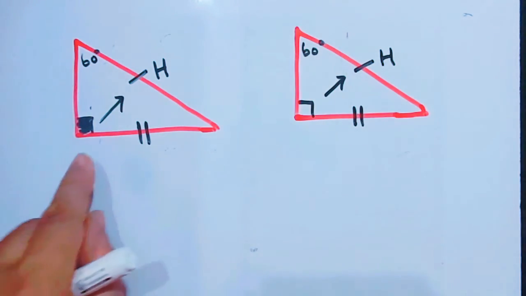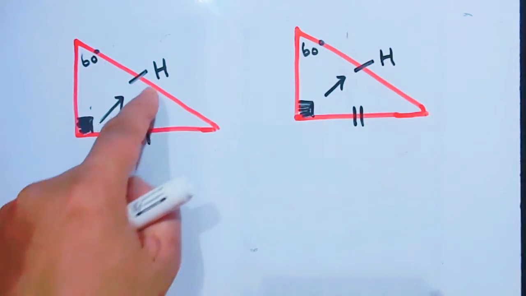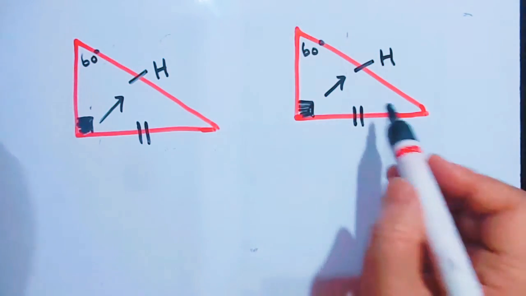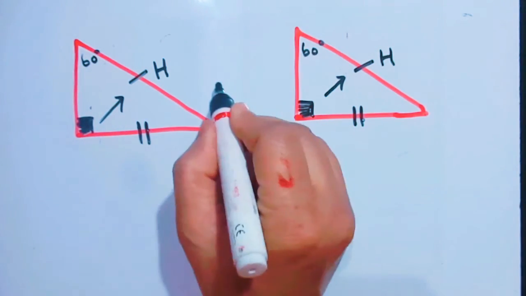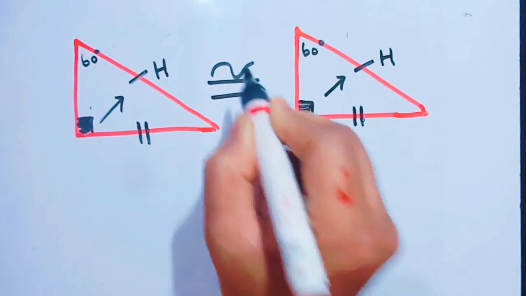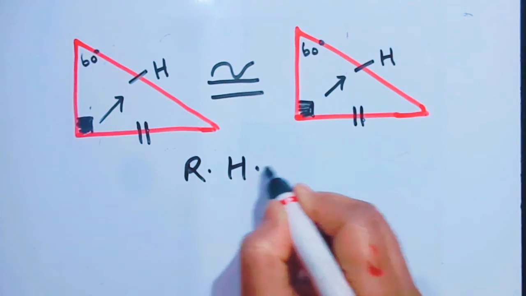Means the right angle is given and the side opposite to the right angle, which is our hypotenuse, is equal, and one of the corresponding sides is also given equal. So these two triangles would be congruent by the criteria right angle, hypotenuse, side.